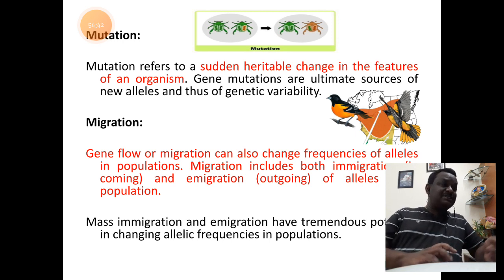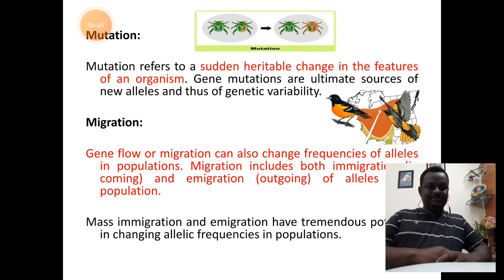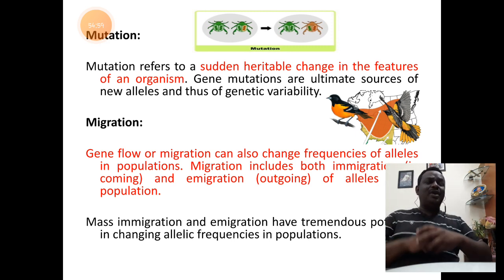When this kind of change occurs, the allelic frequency and genotypic frequency will never remain constant. Then comes the concept of migration. Migration refers to movement of alleles from one population to another population. We also call it gene flow.